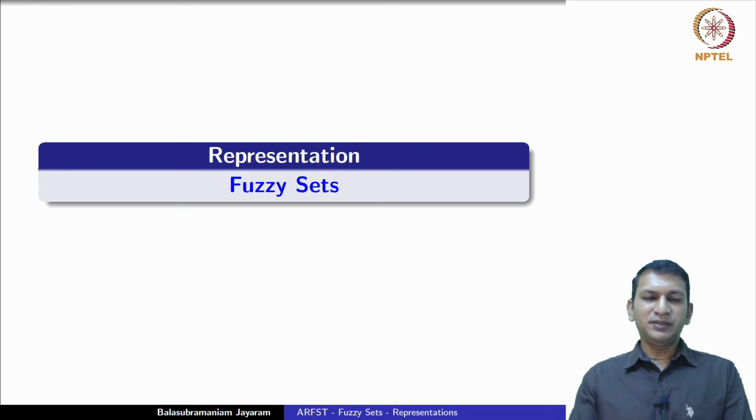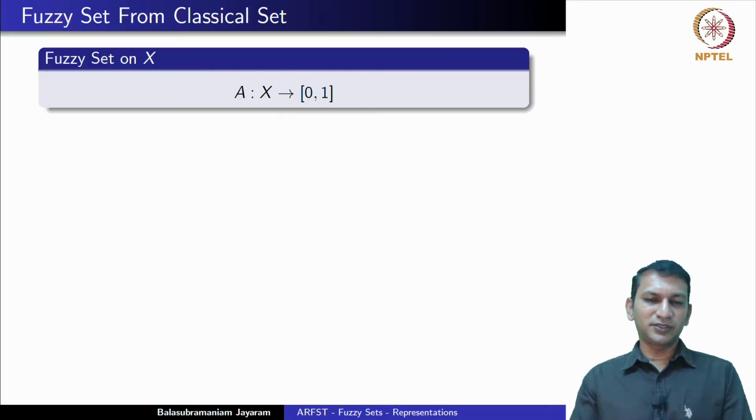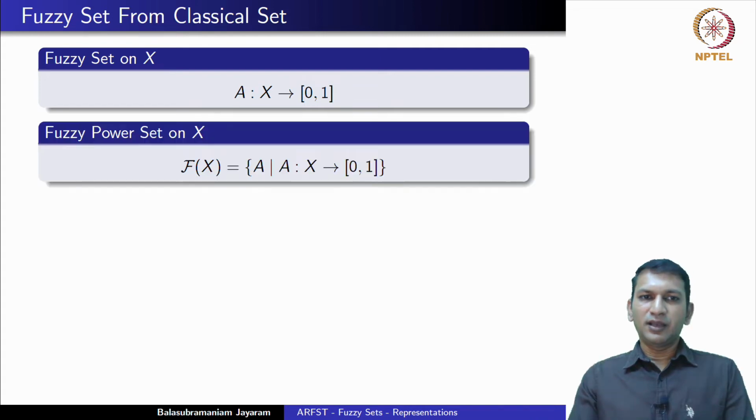Abstracting from here, you can look at a fuzzy set as a function from x to the entire interval [0, 1], whereas the characteristic function was a function from the underlying domain x to just the set {0, 1}. Through this course, by the fuzzy power set on x, we will denote by script F of x, a collection of all possible fuzzy sets on x.